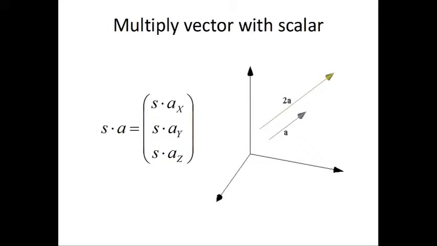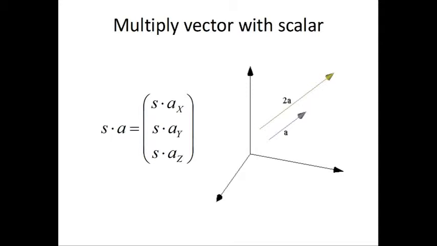Multiplying a vector with a scalar is allowed too, but here the scalar will be multiplied with each coordinate of the 3-dimensional vector, or n-dimensional vector, respectively. So the resulting vector will have the same direction, the same orientation as the original vector, but the size is the only thing that will have changed.